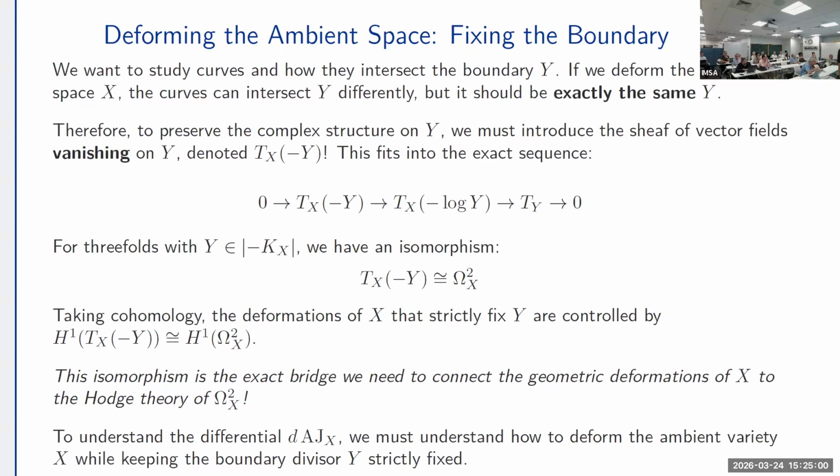So we are obtaining something similar to the Calabi-Yau situation. In the Calabi-Yau situation, you can control first order deformations by Hodge theory. This was very much used by Griffiths a long time ago, and this is what we want to use and generalize in the next part of the talk.